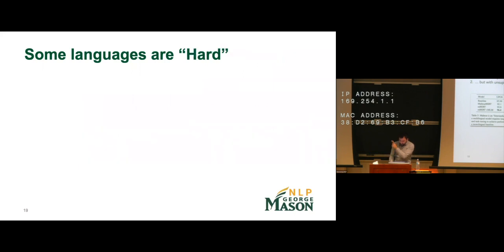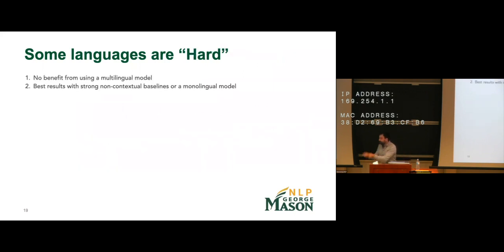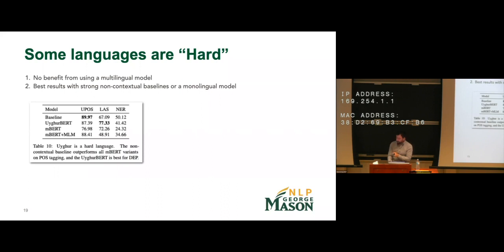Hard are the ones where the non-contextual baselines, the static embeddings that we can build off of our little data that we have, are better than anything that we can do with contextualized models. So, for example, in Uyghur, depending on the task, in part of speech tagging, the static baseline is better than multilingual BERT or anything that we were able to do.